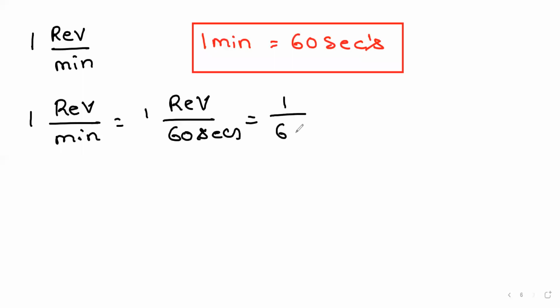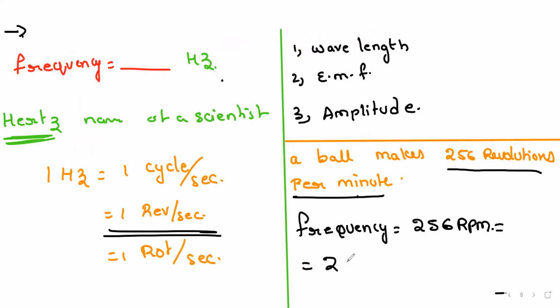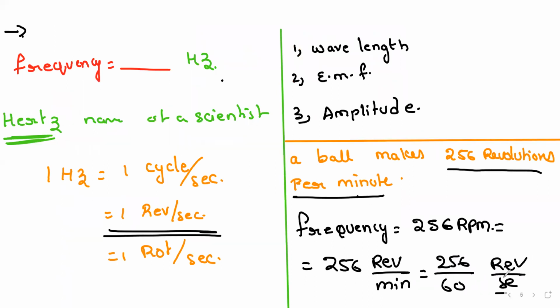So 1 revolution per minute is 1 revolution per 60 seconds. So 256 revolutions per minute means 256 by 60 revolutions per second. If they give the question in revolutions per minute, you have to convert it into revolutions per second. Then you have to solve the remaining problem. Okay, please note it down.